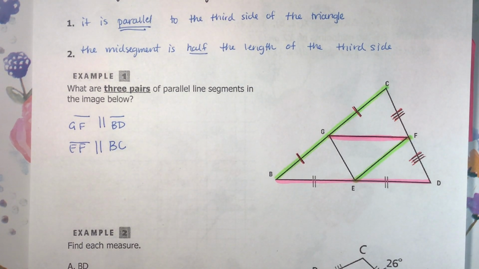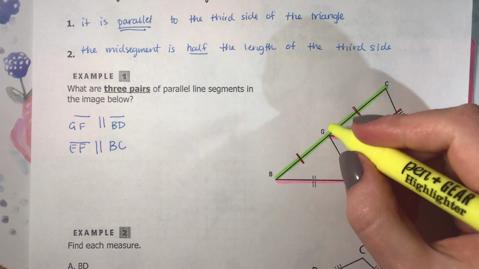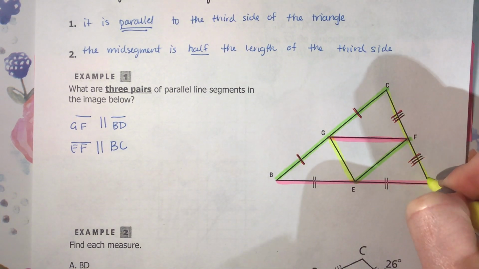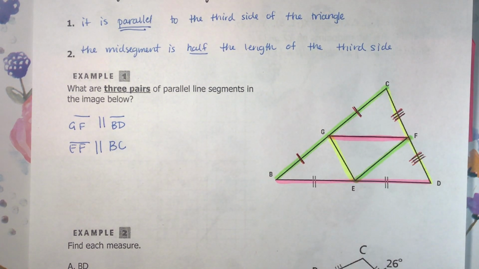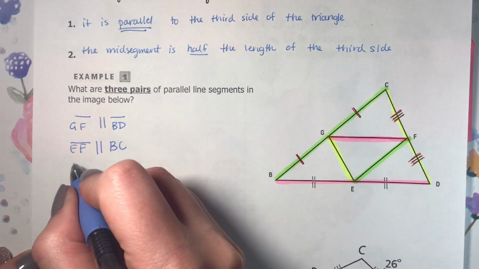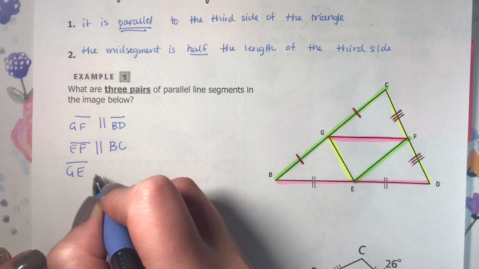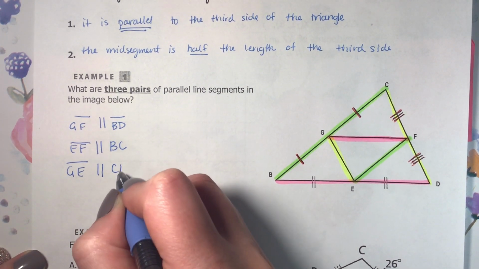And our final pair, I need to get a different highlighter. Here we go. GE is going to be parallel to CD.